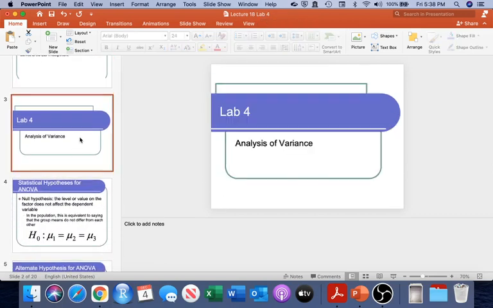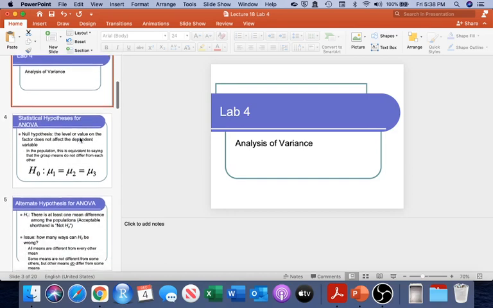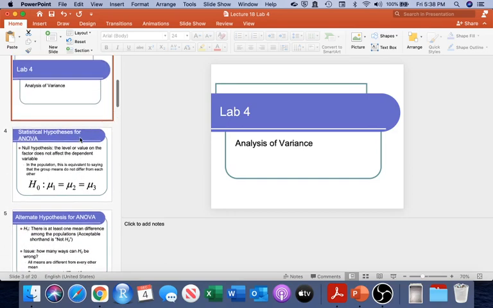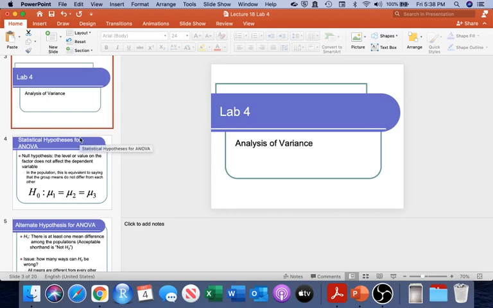Because it's been maybe a few weeks since you all have learned about analysis of variance, I just want to give a quick overview. But again, this is going to be very quick because the focus of this is the lab.